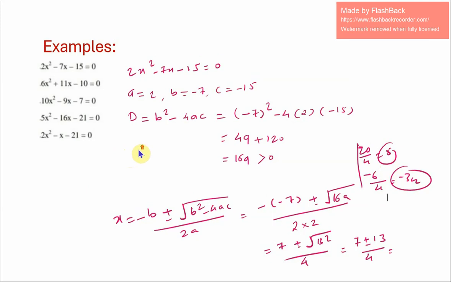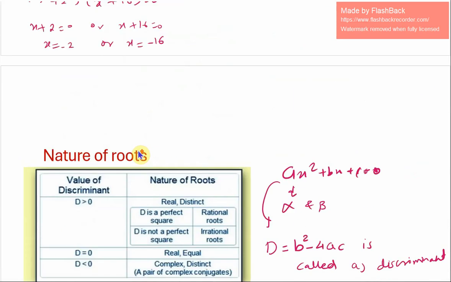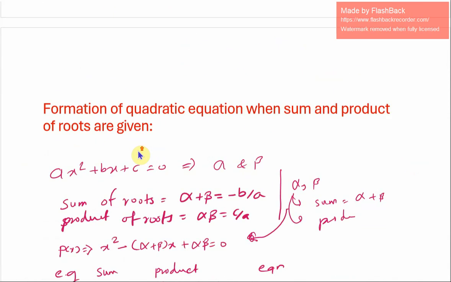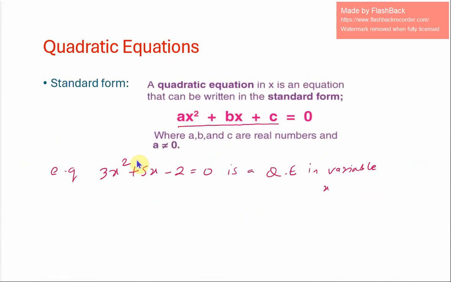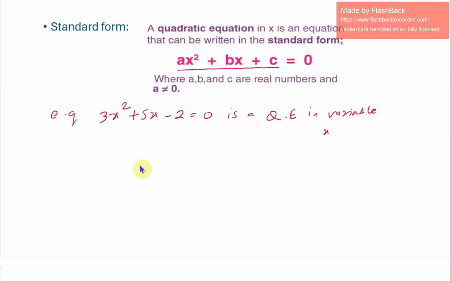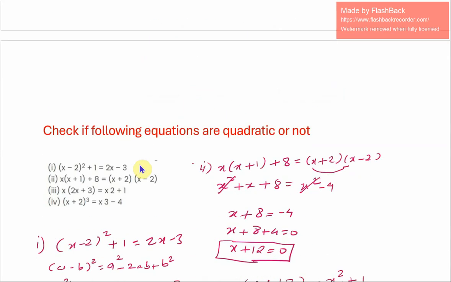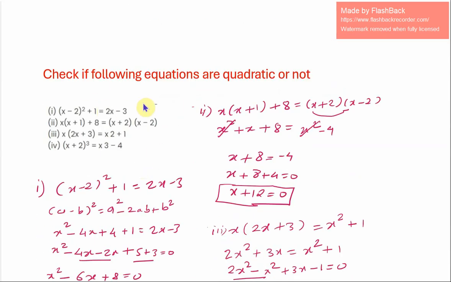So in this video we have discussed the quadratic equation, the equation of the type ax square plus bx plus c equals 0, a not equal to 0. Then we solved some examples where we checked whether equations are quadratic or not.